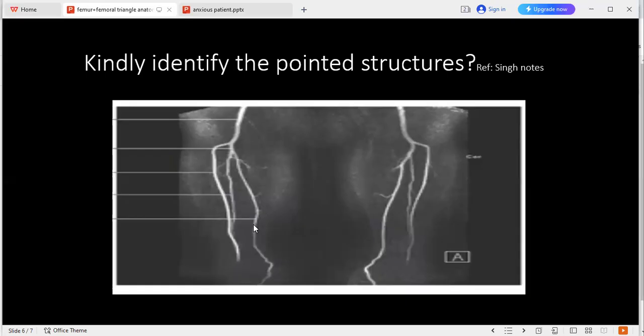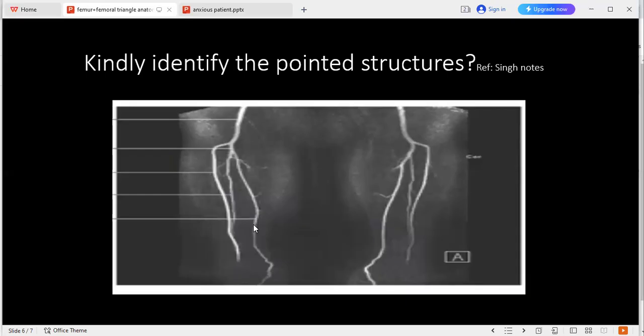Good, very good. I assume that you would know the boundaries of the femoral triangle. Yes, I know. The femoral triangle is bounded superiorly by the inguinal ligament, laterally by the sartorius muscle, and medially by adductor longus. And the floor?